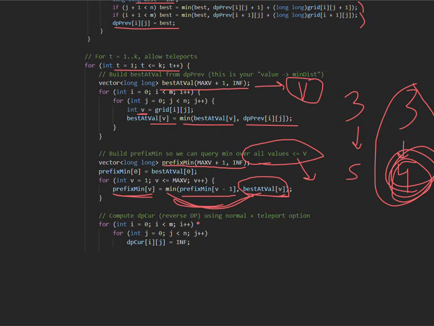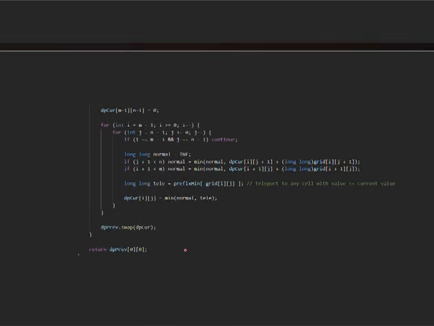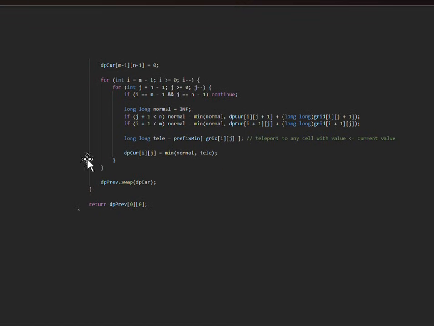Then we compute dp current. In dp current, initially we have initialized all the cells to infinite. Then dp current of the last cell, m minus 1, n minus 1, will be 0 because we are traversing in reverse order.